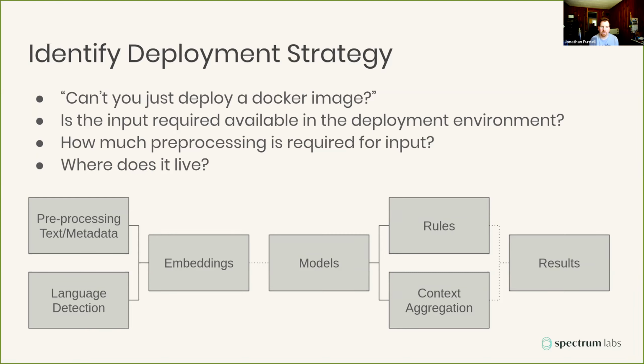Yeah, so for context aggregation, what I mean by that is, our models and your models might work on a specific piece of text, or a single isolated piece of text, but you might have a certain context that you want to then aggregate that signal over. So let's say you're looking at a forum thread. You have multiple posts.